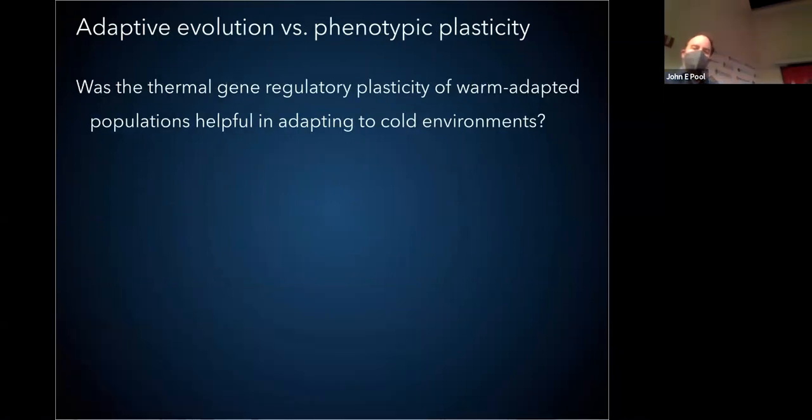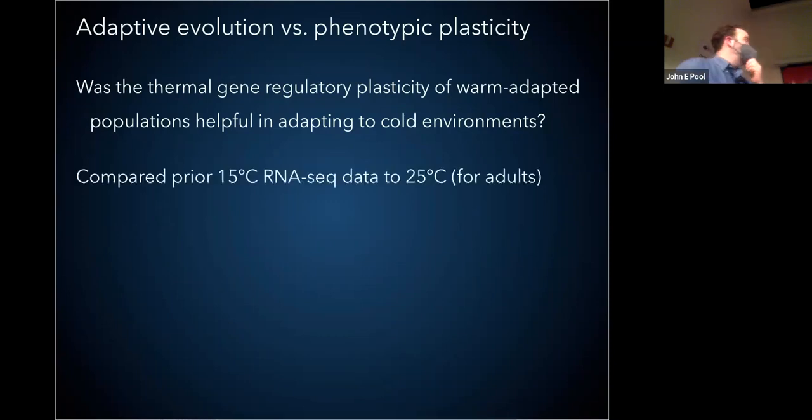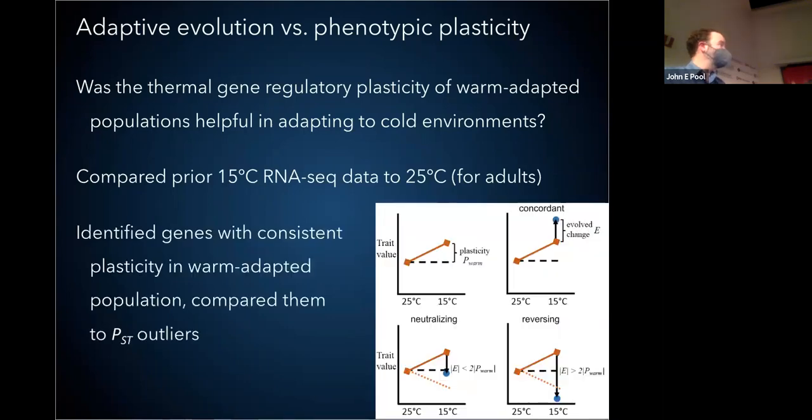Okay, I'm going to tell you about one other RNA sequencing study here, and that has more to do with phenotypic plasticity. And so we're interested in asking whether gene regulatory evolution, in the case of potential adaptive changes, was following along the same lines as phenotypic plasticity, or else actually opposing it. And so what we did here is to add data from a warm environment to the cold data we already had.